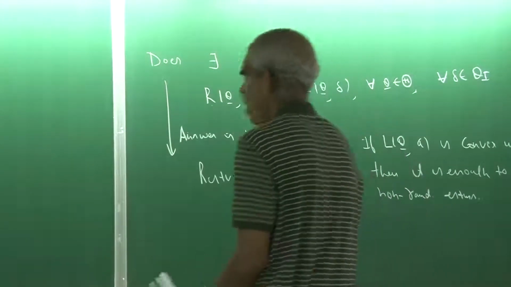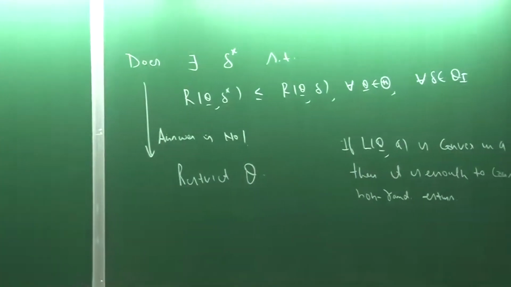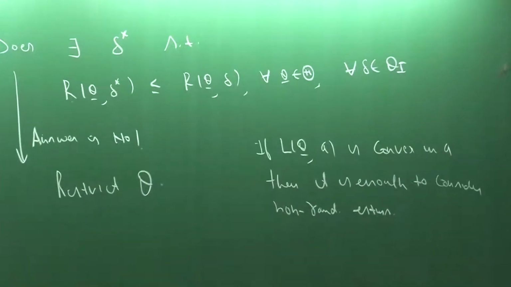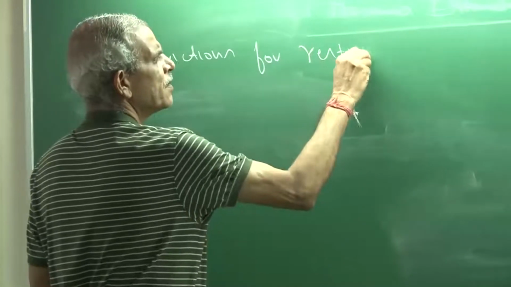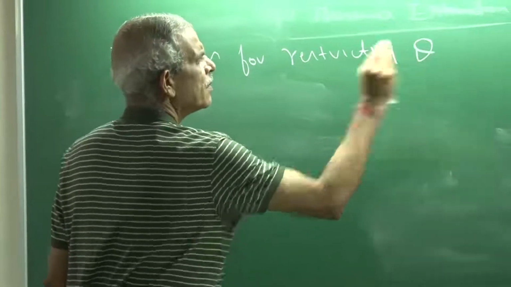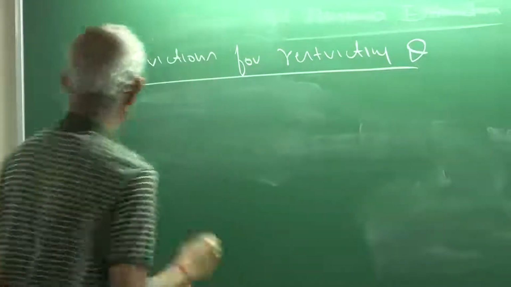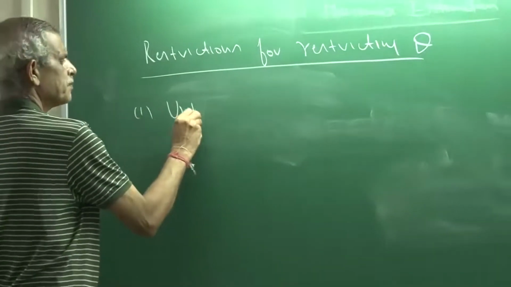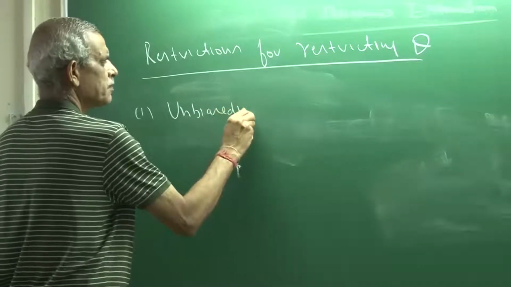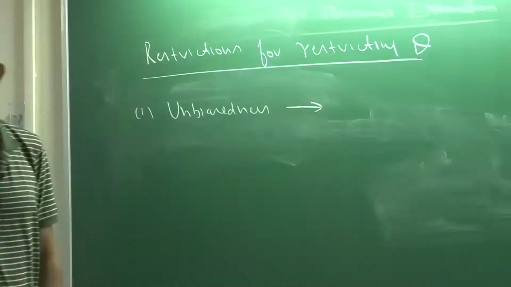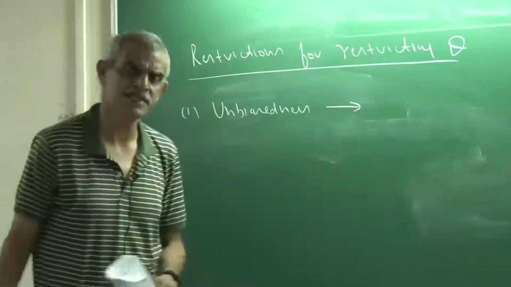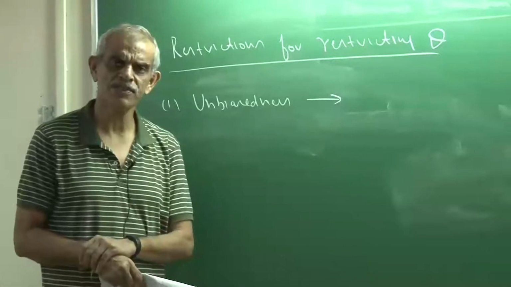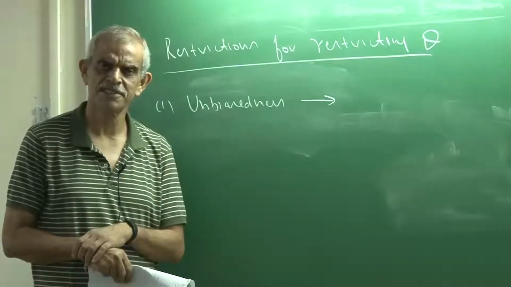So one set of possible restrictions which we saw was unbiasedness. And then you saw that the moment I put the restriction of unbiasedness, and if I am considering a square error loss function, then the risk is the same as the variance.